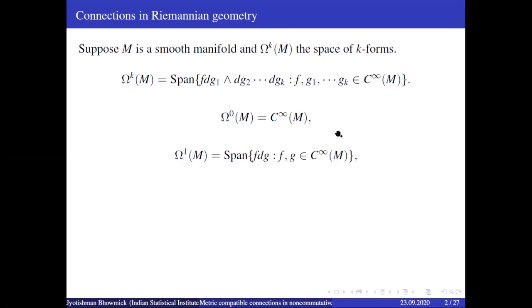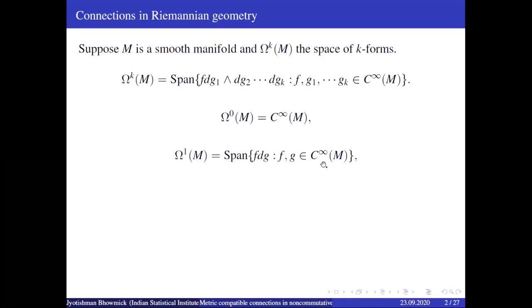If k is equal to 1, then Omega^1(M) is the space of 1-forms, where the elements look like f times dg, where f and g belong to C^infinity(M). This Omega^1(M), or its non-commutative analogs, is going to play a very important role in the lecture.